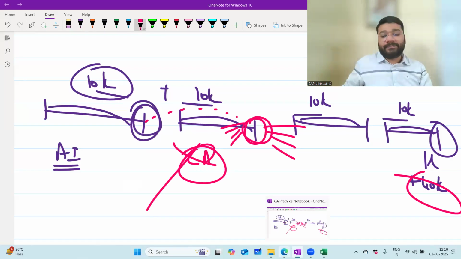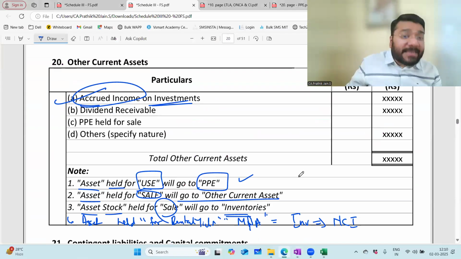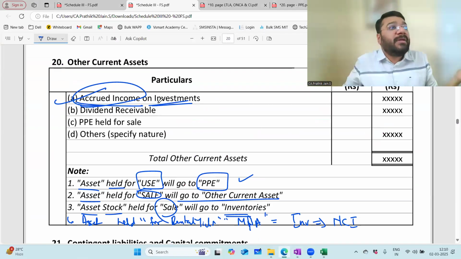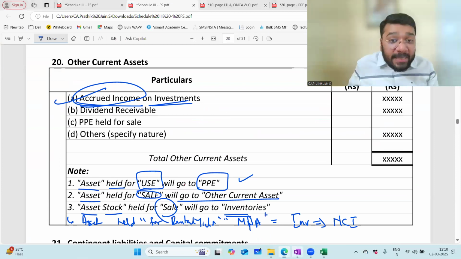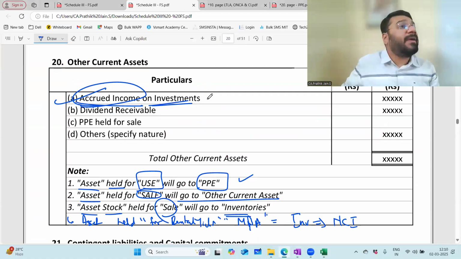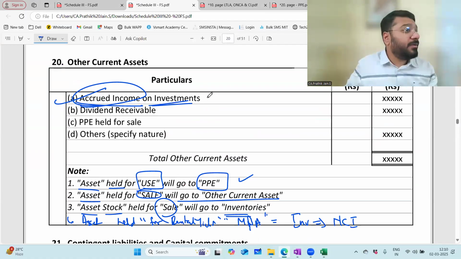Otherwise, not. Logic is clear. If nothing is mentioned, we always assume that accrued income or accrued interest will come to me within benchmark date. Otherwise, if the question is properly given and you can analyze the data properly, then you have to decide whether this is going to be current or non-current based on the classification of the current asset points.